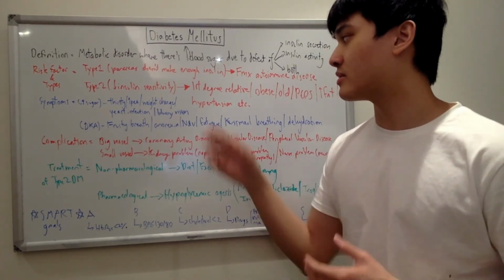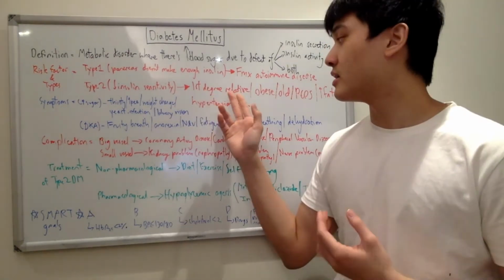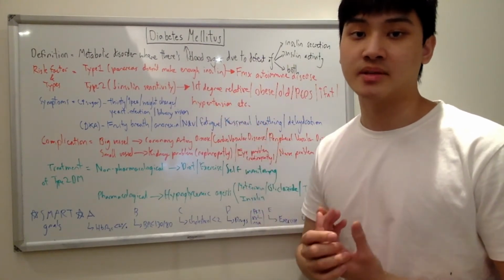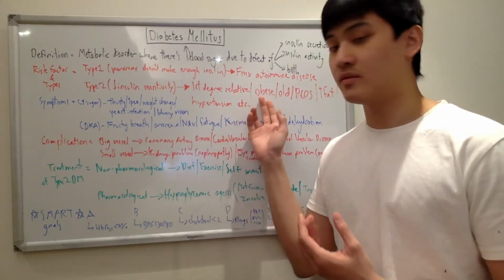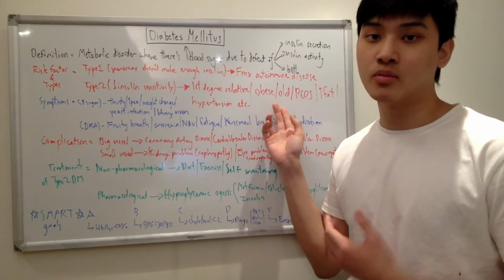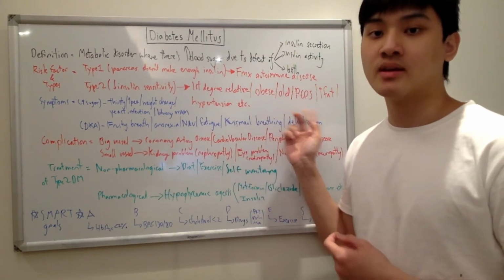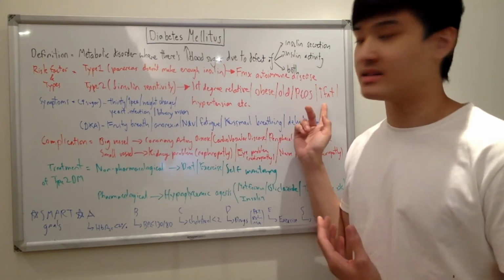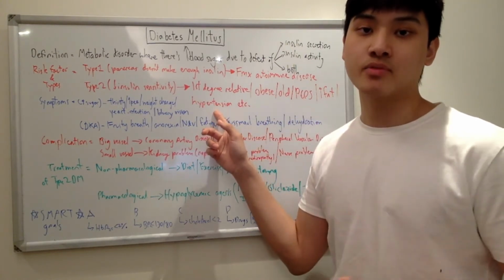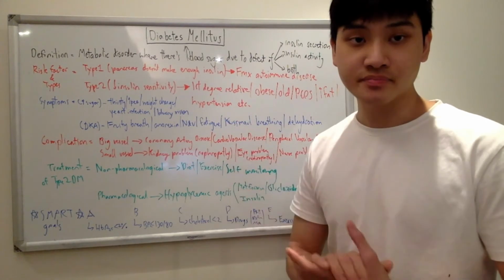Risk factors are having a first degree relative who also has diabetes mellitus type 2, being obese, being older than 40 years old, polycystic ovarian syndrome, eating a lot of fat, having high blood pressure, and the list goes on.